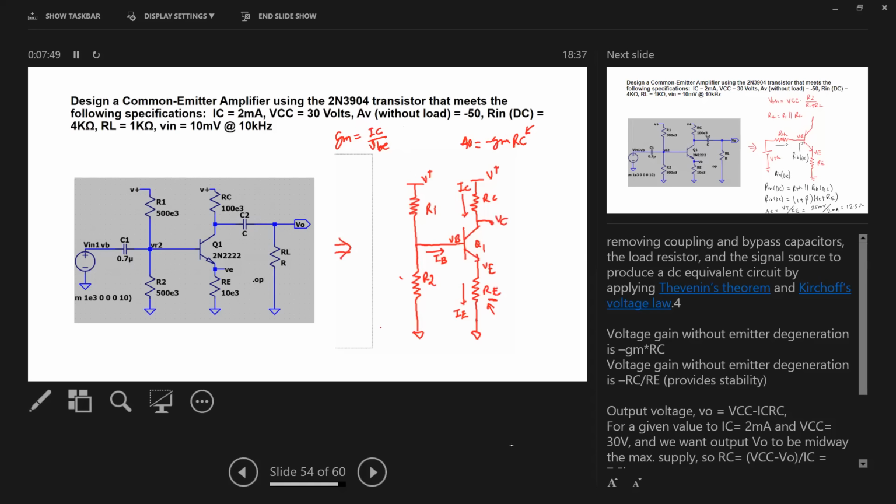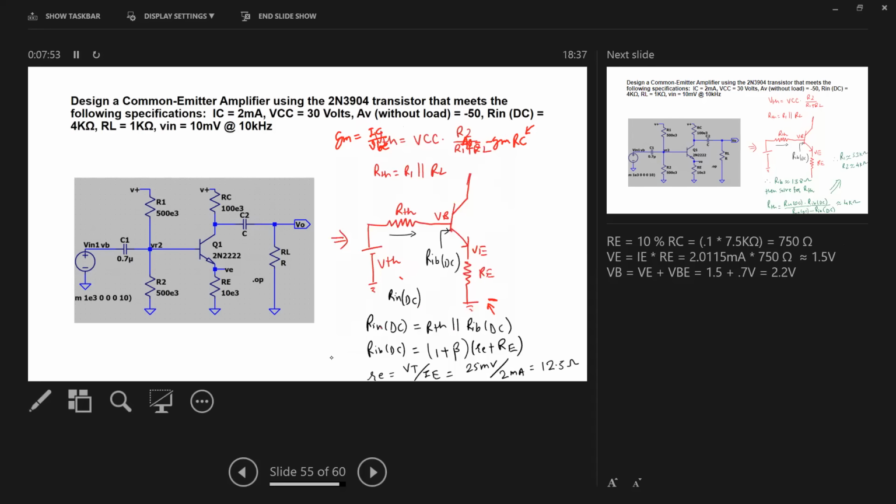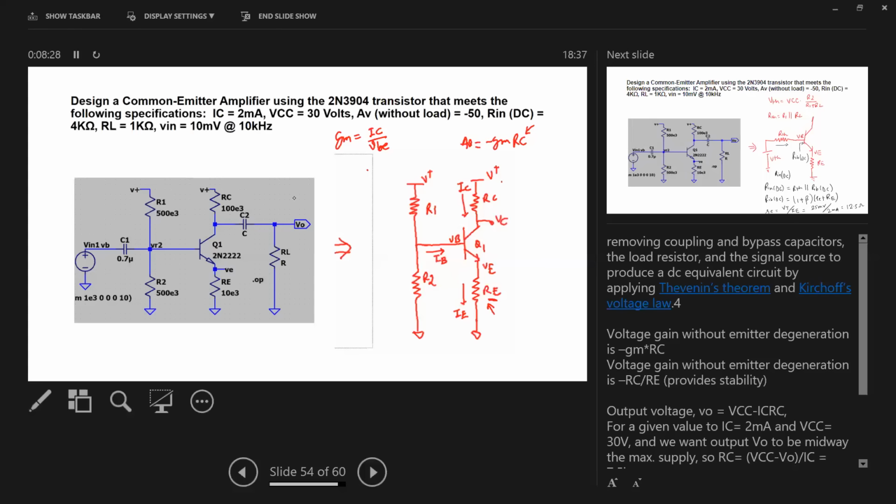So this is basically a small signal current. Let me just clear that right here. Right, so here is your small ic actually.